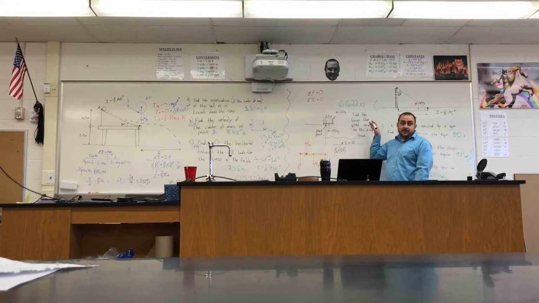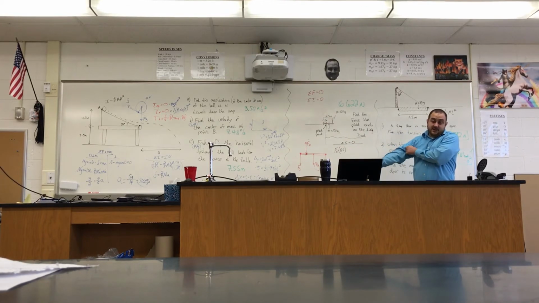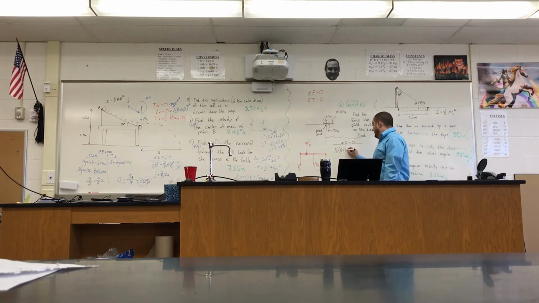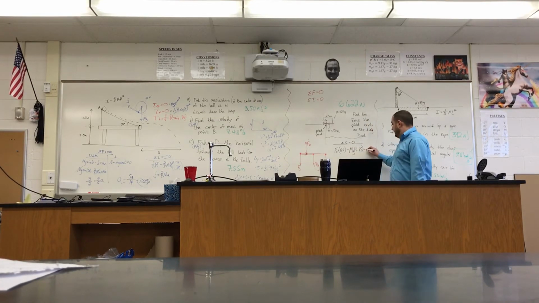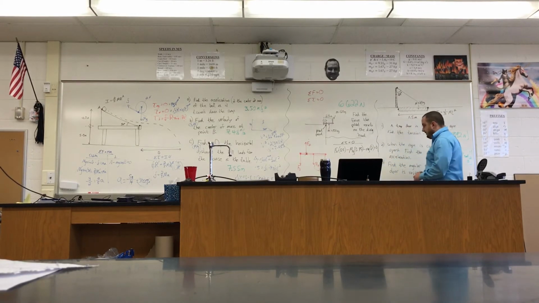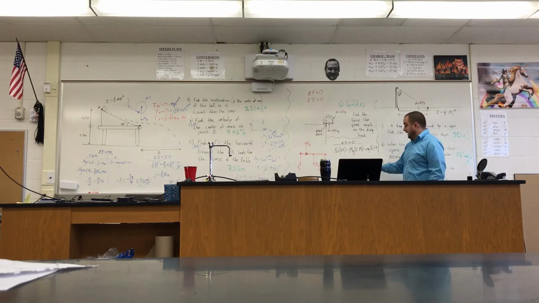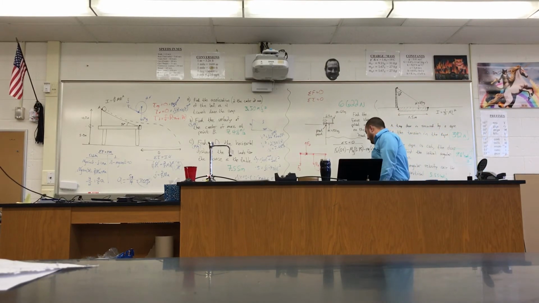These are all 90-degree forces, so the sines of 90 will be 1. Minus mg times 0.75 minus little mg times 2. And that all has to equal 0. Once you go through this, what you'll find is the support force.